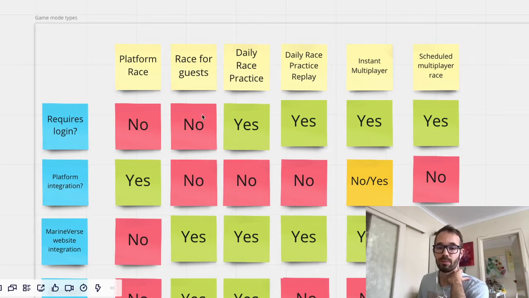You can also do it without having to log in. However, at the end of the race, you will get an option to provide your email. So you can actually connect that race result with your MarineVerse account if you want to. This is also one of the paths of enabling users to create an account. All the other game modes are tied to your account, to your MarineVerse Cup League memberships, to your profile picture, to your 3D avatar, and therefore they require that you actually log in.